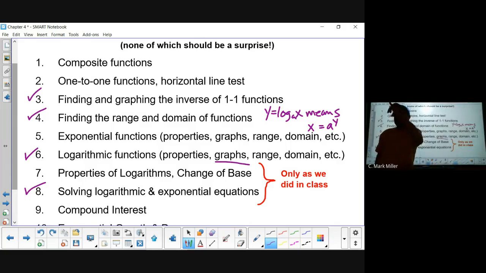You first swap x and y, and then you solve for y. Now, a common mistake I saw is that some people would take the function, and wherever there was an x, they would put a y, but they wouldn't set it equal to anything.